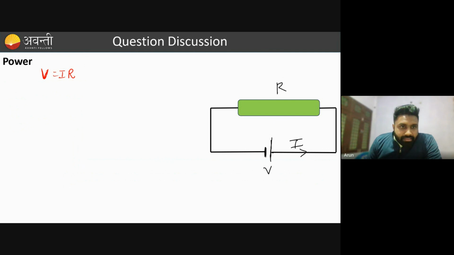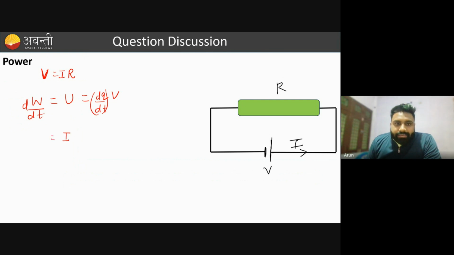Work done is equal to the potential energy, and potential energy is nothing but Q into V. Got it? So if you calculate dW by dt, it will be dQ by dt into V. dQ by dt is nothing but I, the flow of charge per unit time. So it is I into V, or you can say VI. So VI is the power.